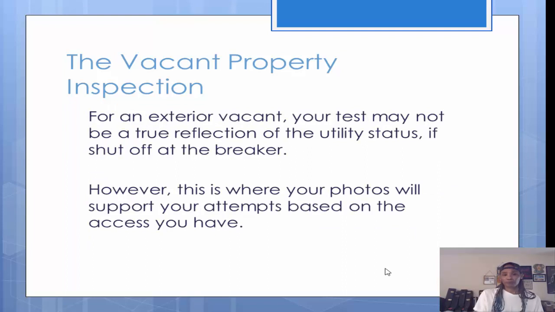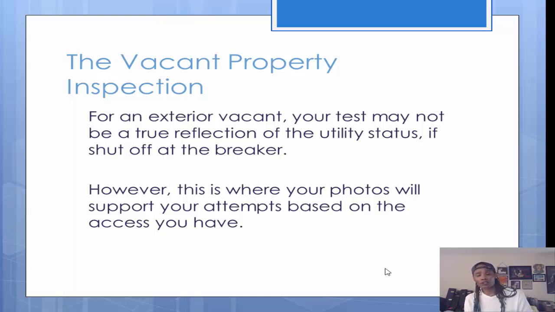For an exterior vacant, as we talked about, your volt stick test may not be a true reflection of the utility status. Maybe the breaker is shut off from the inside of the house, so of course you may not pick up any voltage there. Remember that your photos will support your attempts based on the access that you have.